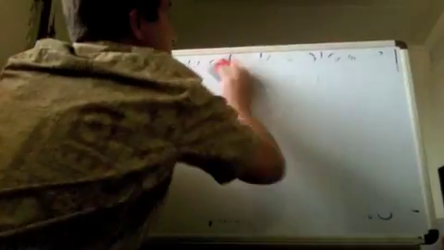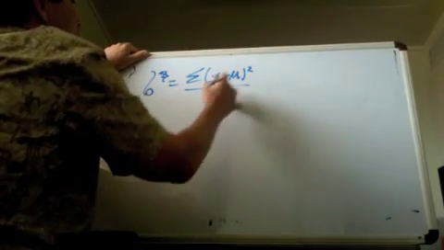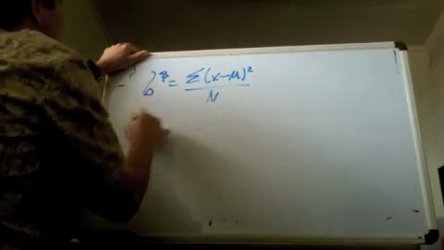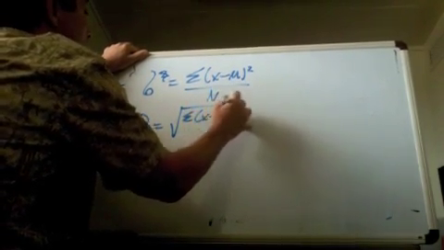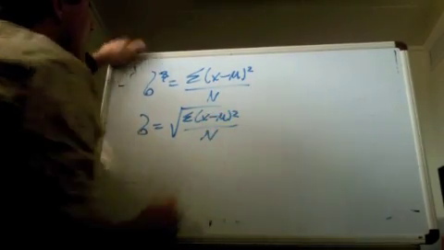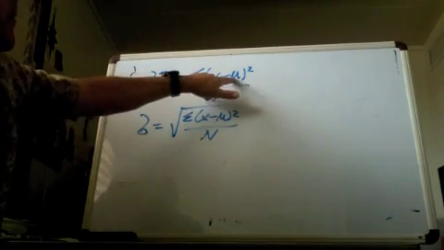Lastly, don't get freaked out by the formulas. This is the population formula, because it's got the population mean.